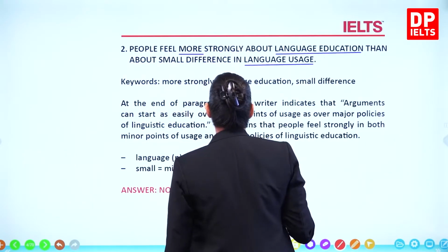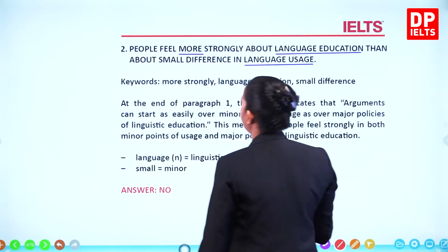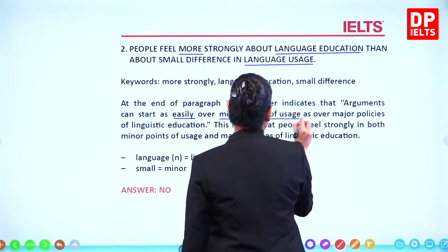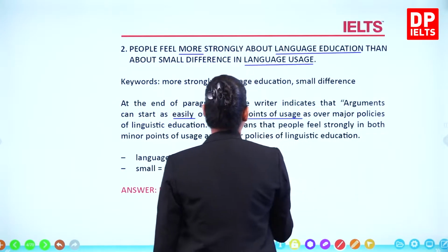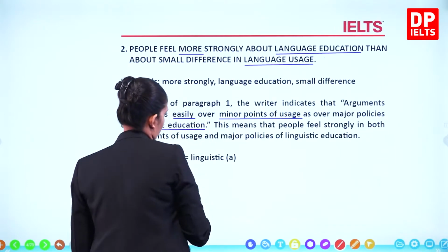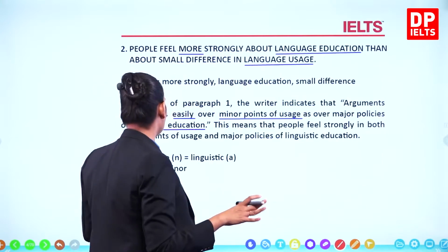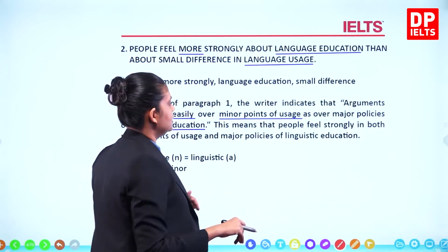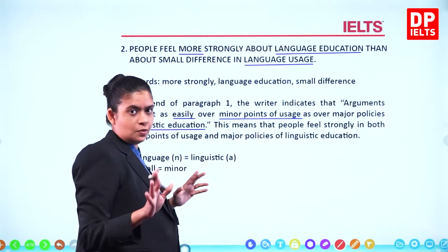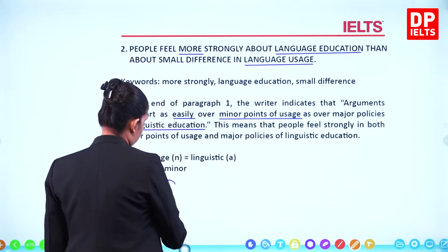Go to the last bit of para 1 where the writer indicates arguments can start easily over minor points of usage and over major policies of language or linguistic education. This means people feel strongly about both, not just one. They say usage as well as major policies of linguistics. So both are equal there. So therefore, I would say the answer is no.